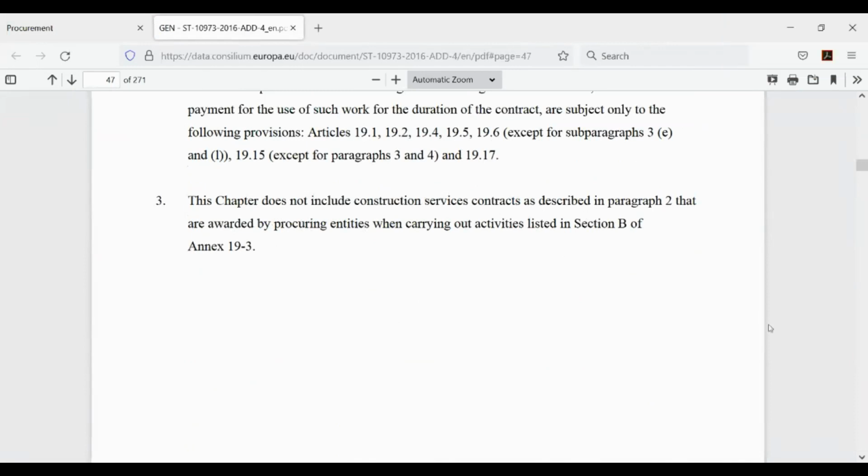Yes, please do. Okay, here you have the note which explains why that procurement is not covered. Construction services are not covered if they are awarded by entities that are active in, essentially, the provision of public services. So that's the explanation.